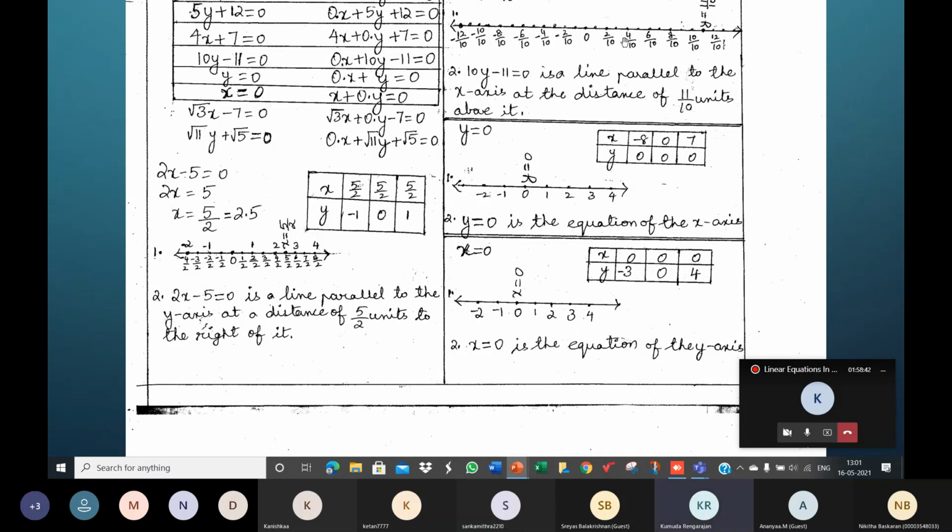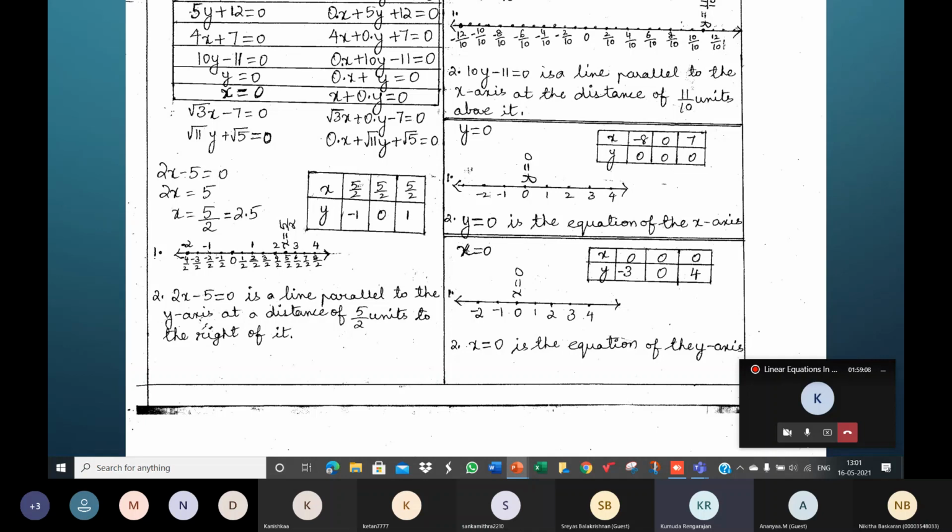So we saw different cases where the lines are parallel to the x-axis or the y-axis. If it is the x-axis, it can be above or below it. If it is the y-axis, it can be to the left or right of it. We have seen one example in each case. If the line is parallel to the x-axis, it can be above the x-axis or below the x-axis.